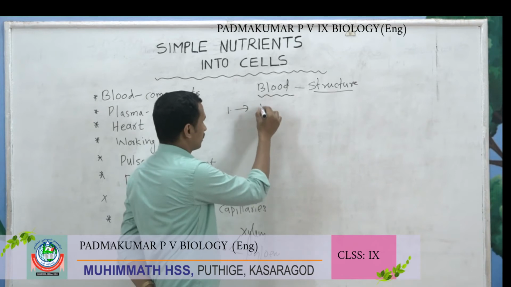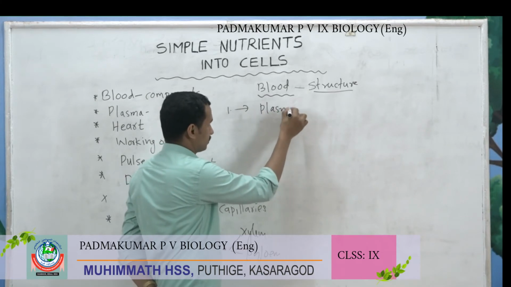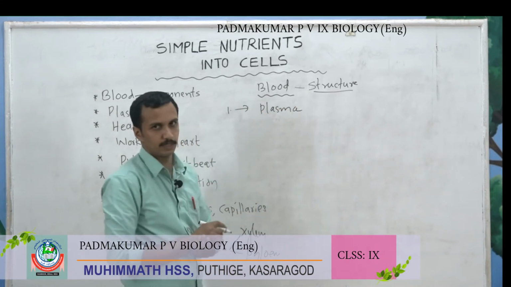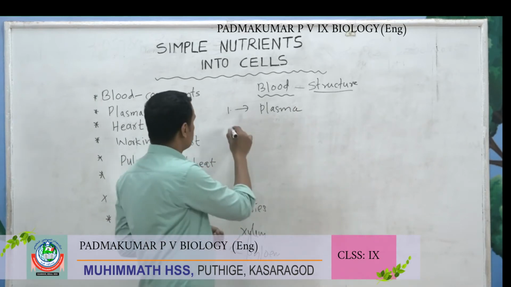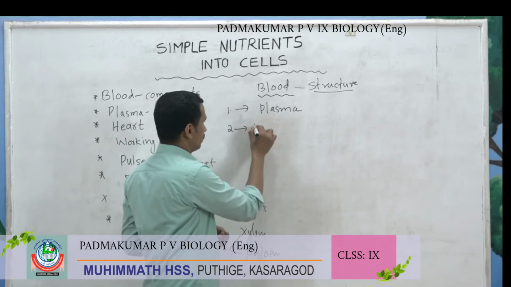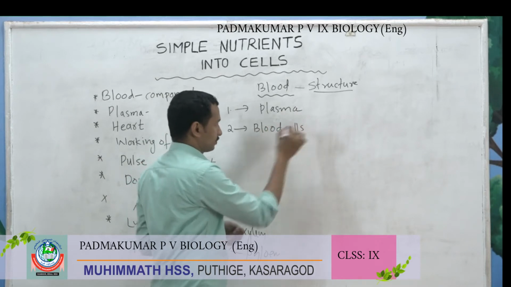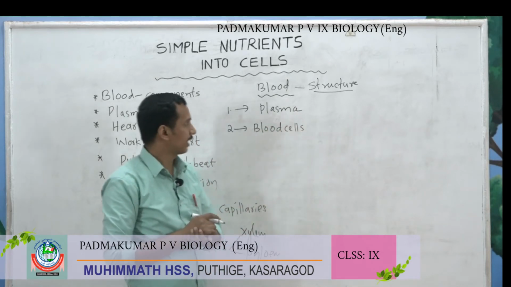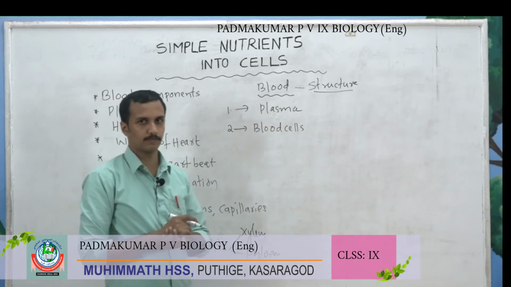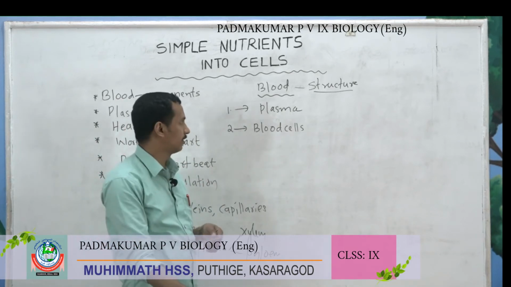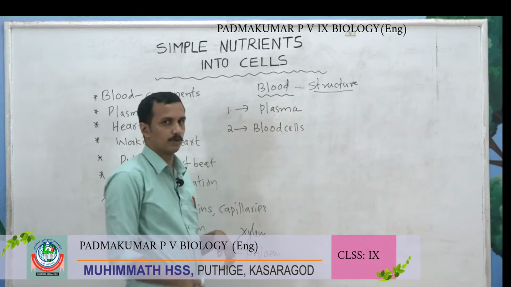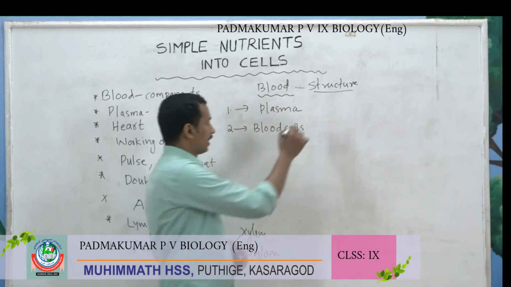First component is called plasma, and second component is called blood cells. So our blood structure can be classified into two types. First one is called plasma, then second one is called blood cells.